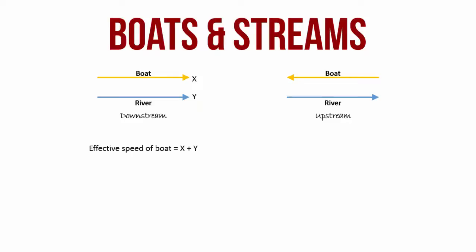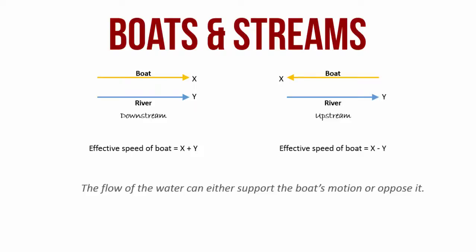Likewise, if there is a river flowing at speed y and there is a boat attempting to travel upstream at its natural speed of x, the effective speed with which the boat shall actually move upstream of the river shall be x minus y. The basic concept is that if there is water flowing underneath the boat, either it can support the boat's motion and take the boat along with it, or it can oppose it. That is, it is difficult for a boat to move opposite to the direction in which a river is moving.